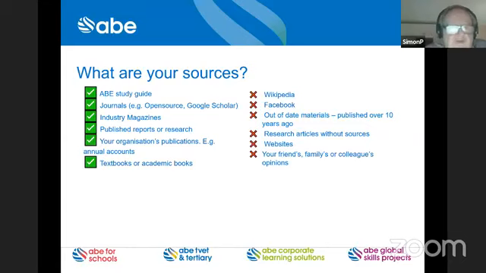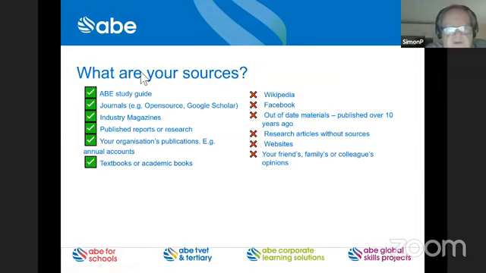Academic journals from open source, Google Scholar, or the websites of the journals concerned. Like the Harvard Business Review, for example, some of them publish free samples of particular journal articles which you can access.